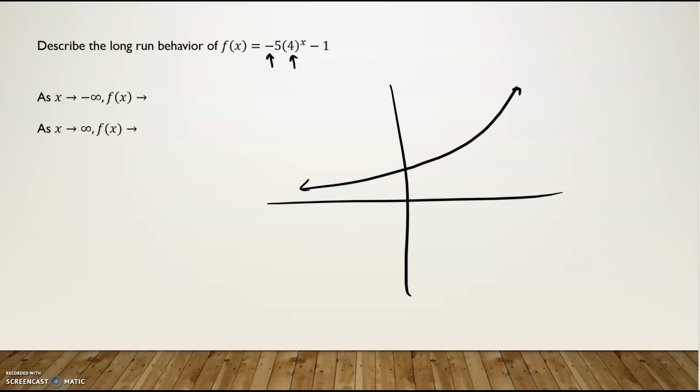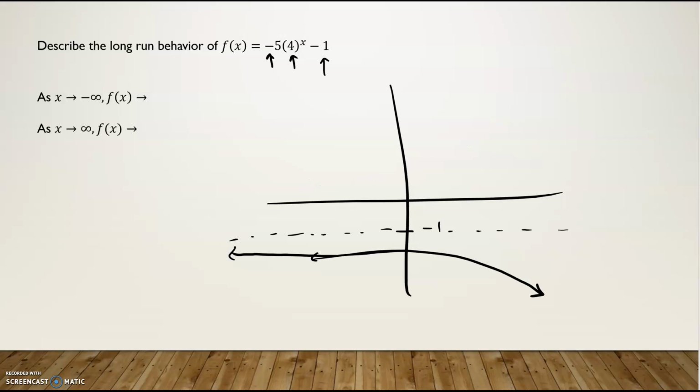So we should be flipping over the x-axis. Okay, so it should be doing something like this. And then also we have a horizontal asymptote at -1. So let's say that here is -1. Okay, so our function should be getting closer and closer to that number. So there's our graph, a very rough sketch of the graph.